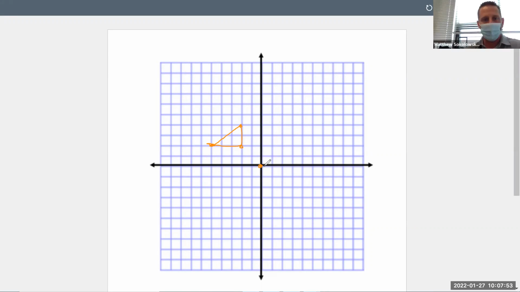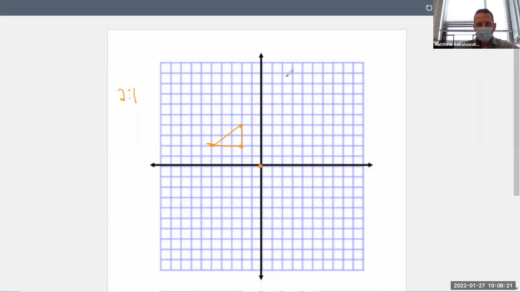Let's dilate this. And we'll dilate it by a scale factor of 2 to 1. What does that mean? So from this point to this point, we're going to double that distance.